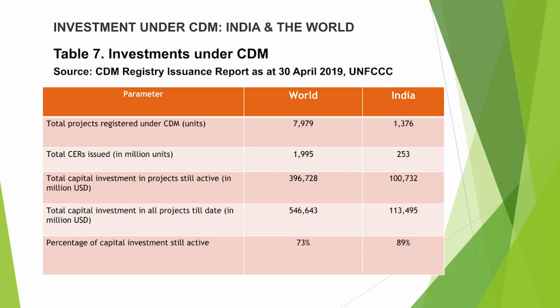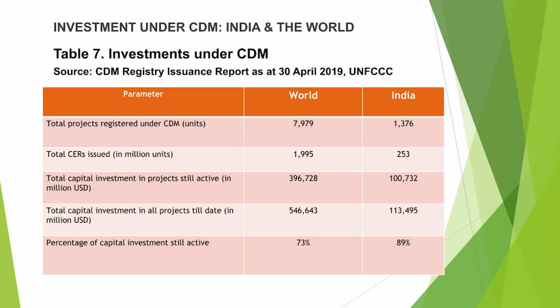So here you can see the investment under CDM in India and the world. The total projects registered under CDM is about 8,000, and in India we have 1,376. Total CERs issued in million units is about 2,000 in the globe and about 253 in India.